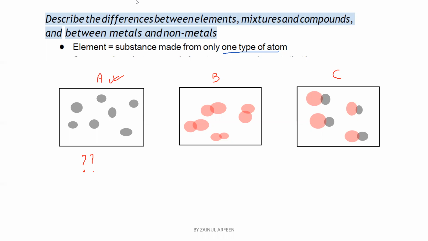B is also an element. Why is B also an element? Because it also consists of identical atoms. The term identical means the same type of atoms. If the same type of atoms are there, even if they are joined together or separated from each other, that substance refers to an element.